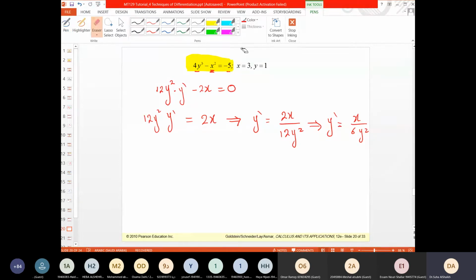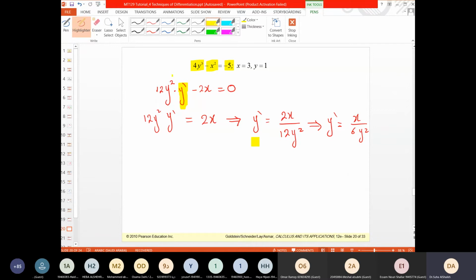Again, I differentiate the function considering that y is a function of x. When I see the derivative of x, it's normal as usual. Derivative of the 5, normal as usual. But the special additional thing is that whenever we find the derivative of y, we differentiate it normally. The derivative is 12y square but we multiply with y dash. Doesn't the chain rule say the derivative of the function times the derivative of what's inside the function?